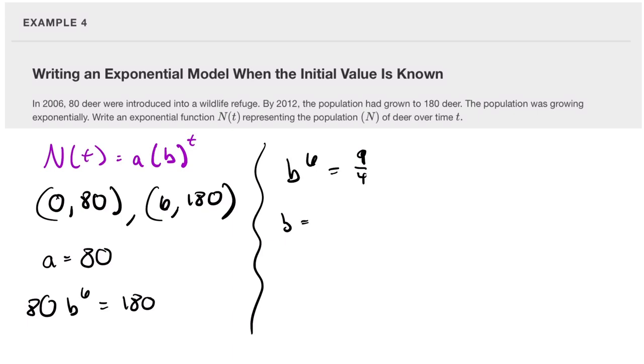Because it's an even root, we really should do plus or minus, but we don't use the negative for a base of an exponent, so we're just going to take the positive. It should be the 6th root of 9 over 4, whatever that number is.